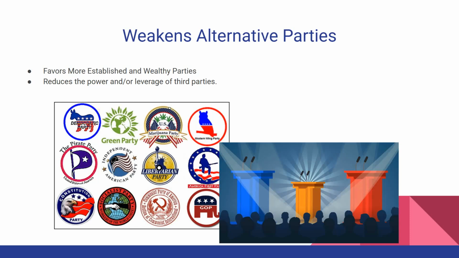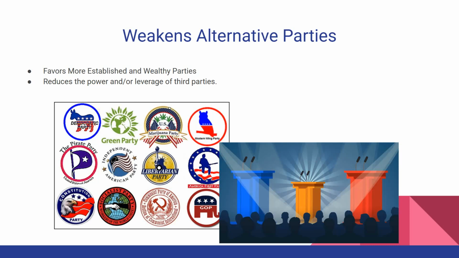It weakens alternative parties, and it hurts them because it prevents them from growing and being able to present themselves as a better alternative party that gives voters the alternative they are looking for from the Democrats and Republicans, so that they can elect a better party that better represents them, better aligns with them, and can better do their business in governing and making the people's lives better in California and in the United States.